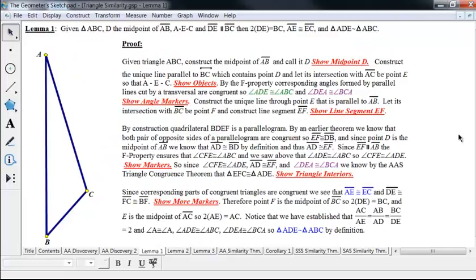Now, we want to prove as a theorem that if we have two triangles with two corresponding pairs of angles congruent, then they're similar. And that's what the focus is going to be of a series of tabs here that we're going to talk about in these videos.